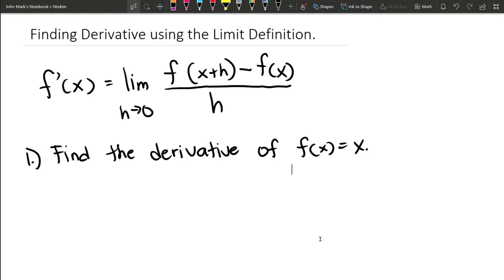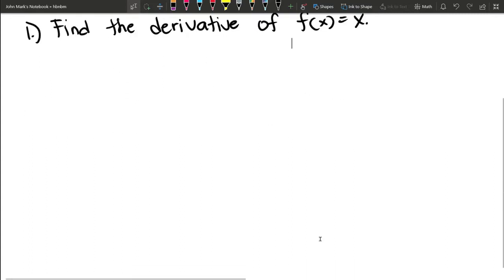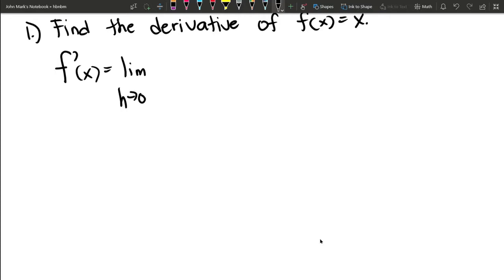So let's say for example, number 1, find the derivative of f of x is equal to x. So first, susulat muna natin yung formula natin, which is f prime of x is equal to the limit as h approaches 0 of f of x plus h minus f of x over h.